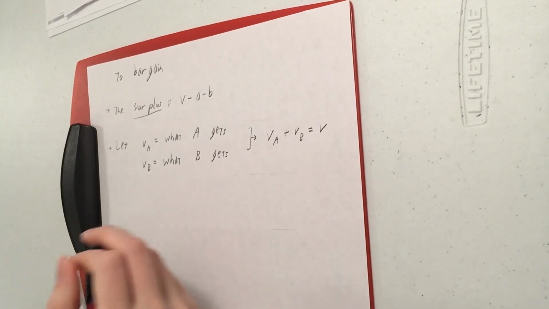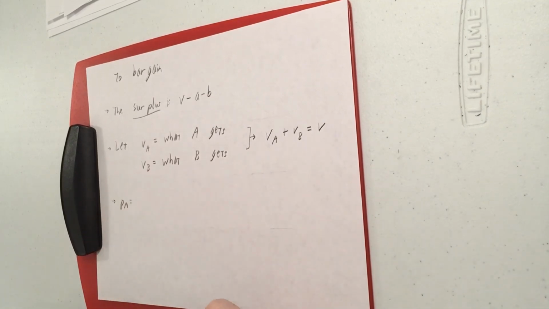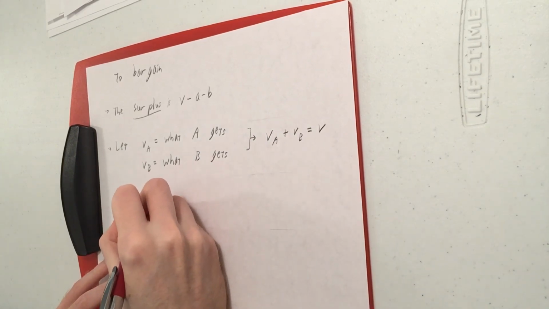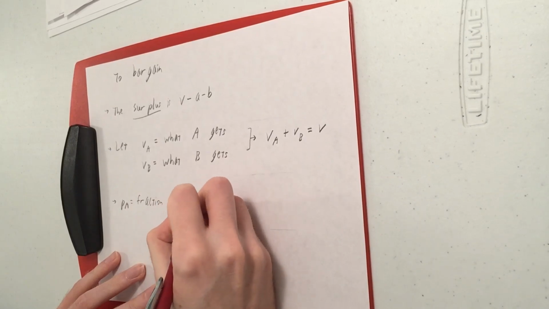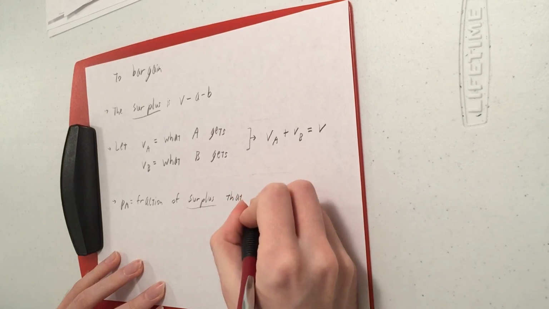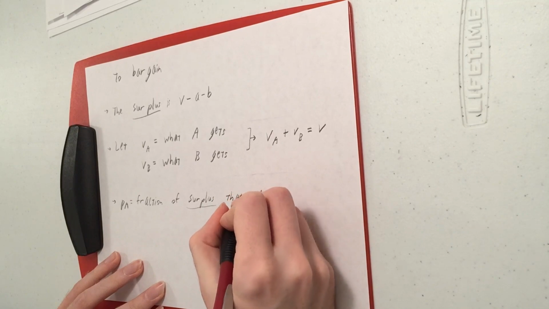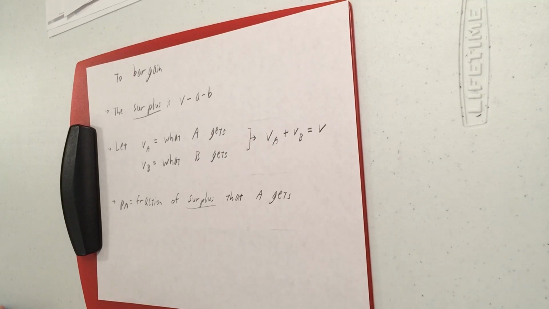Other notation, we'll let PA be the fraction, not of the value, but of the surplus that goes to person A. So be a little bit careful here. That's the reason why I gave that some emphasis. Oftentimes when students make mistakes in these problems, it comes from confusing total value with surplus.